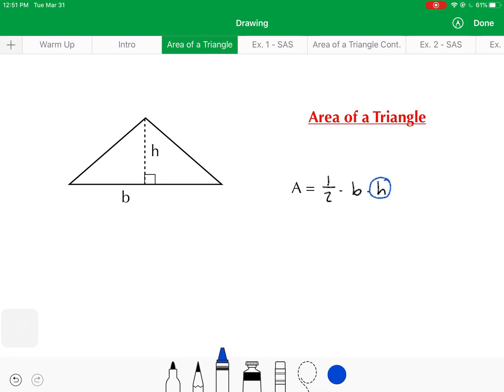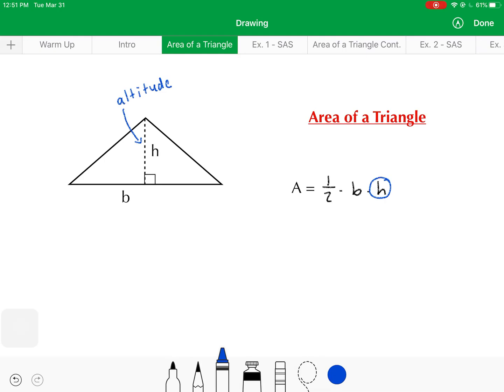Understand that the height of the triangle is going to be equivalent to the length of the altitude of the triangle. In this picture, this dashed line represents the altitude. It's simply the line that you create by connecting a perpendicular line segment to the base of the triangle with the opposite vertex or opposite angle of the triangle.